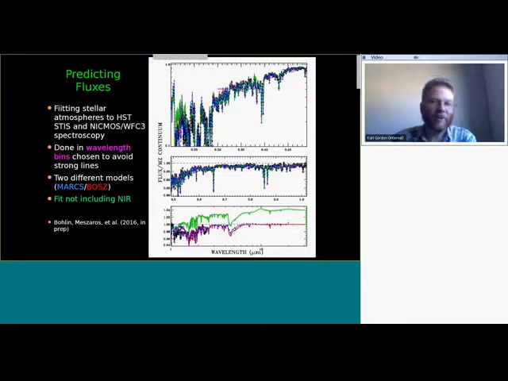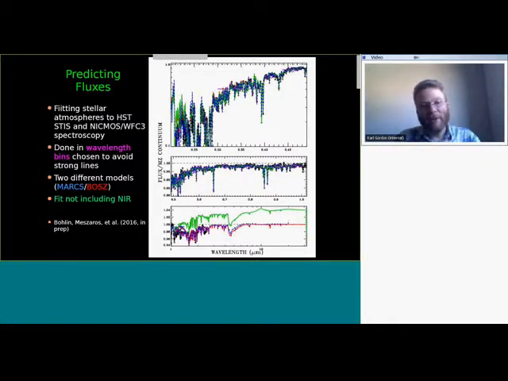And so we have STIS from as short a wavelength as reasonable, 0.1 microns, all the way out to 1 micron. So now we have really good spectrophotometry over that range. Some of them we've managed to extend longer with WFC3 or NICMOS.